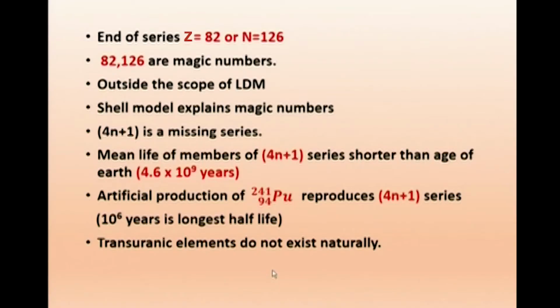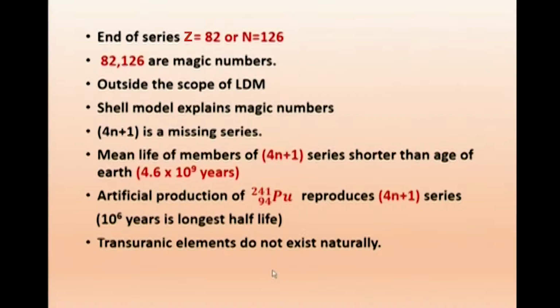Neptunium 93 is also transuranic. Uranium has Z equal to 92. Up to that, we have a provision in nature. Nature is able to exhibit these nuclides. More than that, they do not exist, but they can be produced by artificial means. So, they are called transuranic elements, after uranium.